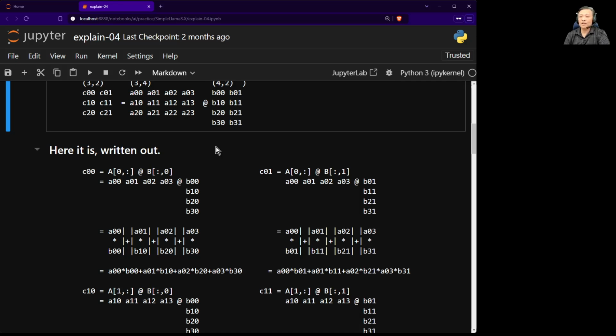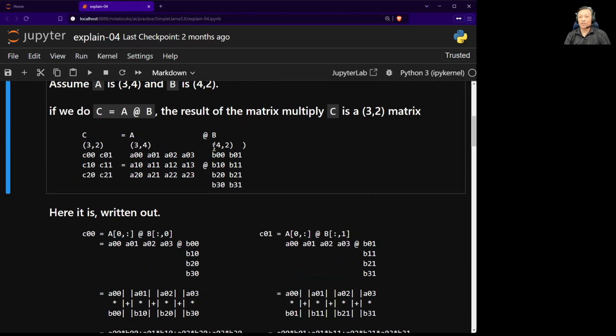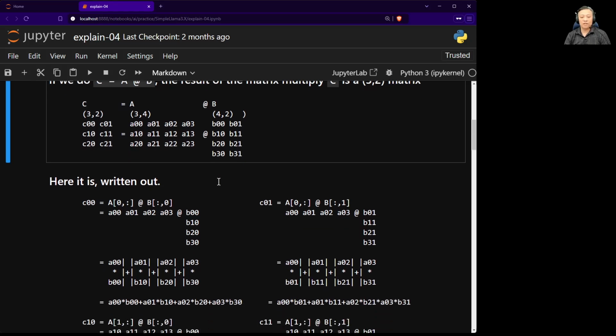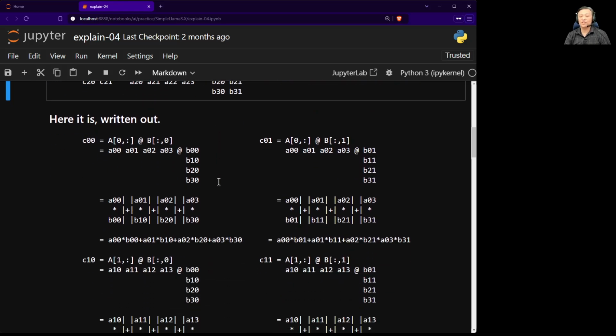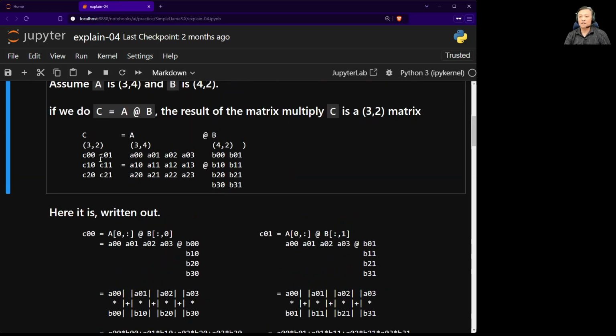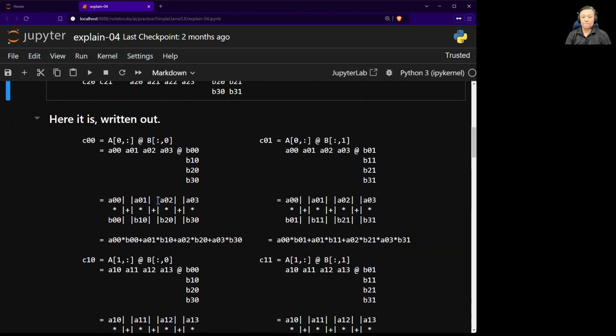For each row of the left-hand matrix, do a dot product with each column of the right-hand matrix. Row, column, row, column, row, column. I wrote out each of the 6 dot products for each of the 6 cells in C.